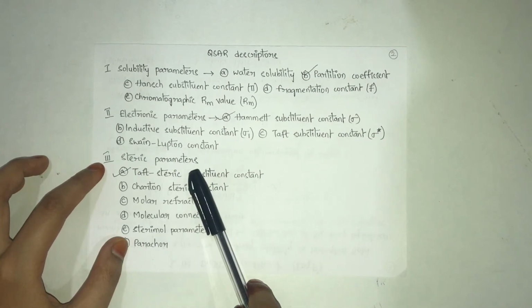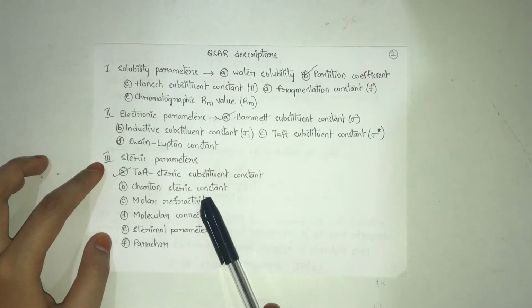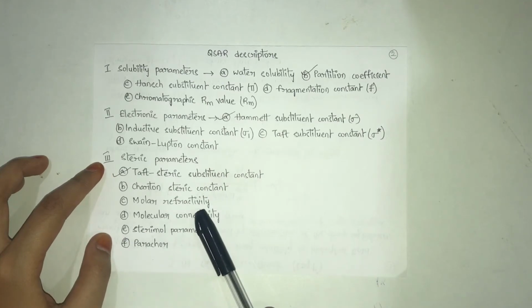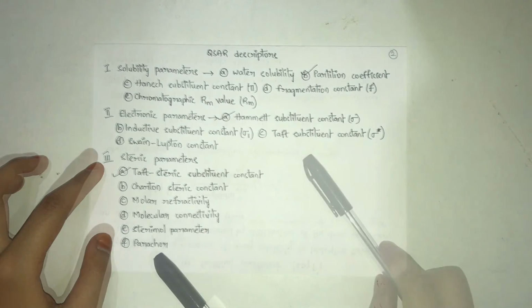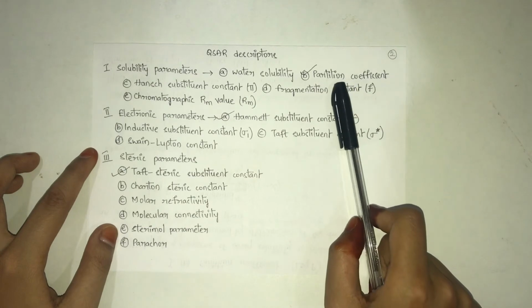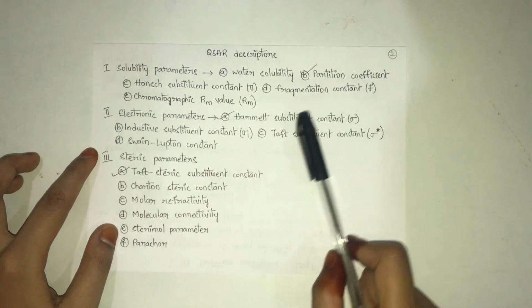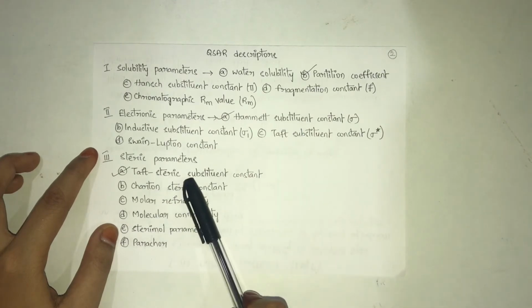Steric parameters include Taft steric substituent constant, Charton steric constant, molar refractivity, molecular connectivity, sterimol parameter and parachor. Among all these QSAR descriptors, we will discuss only partition coefficient under solubility parameter, Hammett substituent constant under electronic parameter and Taft steric substituent constant under steric parameter.